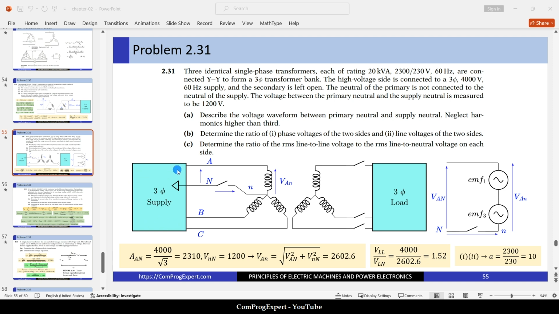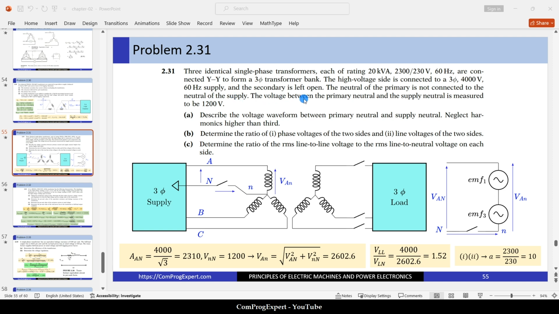This is the three-phase supply that we have, phases A, B, and C, and the secondary is left open. We have this three-phase load, but the secondary side of the transformer is not connected to the load. The current of the secondary side is 0. The neutral of the primary is not connected to the neutral of the supply.